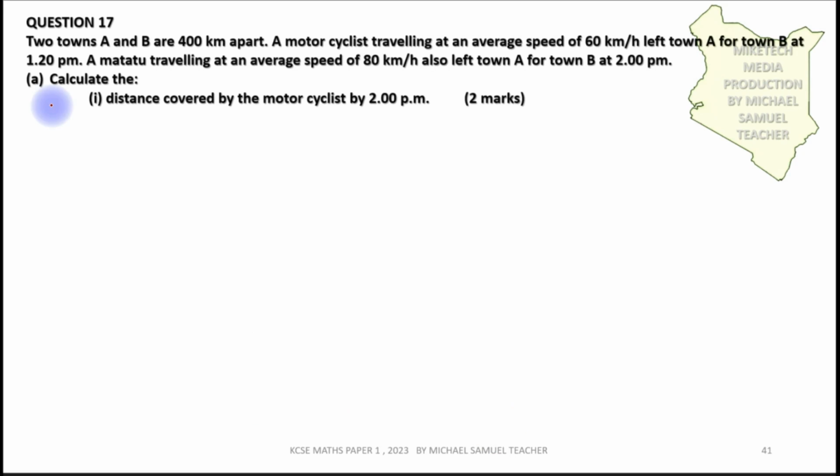So the first part of the question, we need to calculate the distance covered by the motorcyclist by 2 p.m. So we have two towns, from town A to town B, and it is 400 km apart.